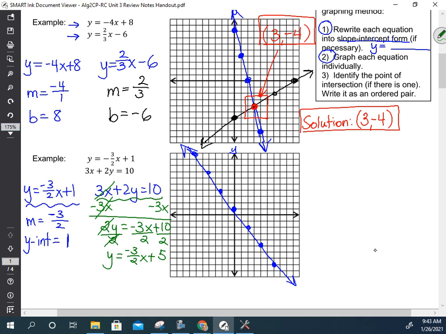Now it's rewritten. So your slope is negative 3 over 2. Your y-intercept is 5. Any questions before we continue?